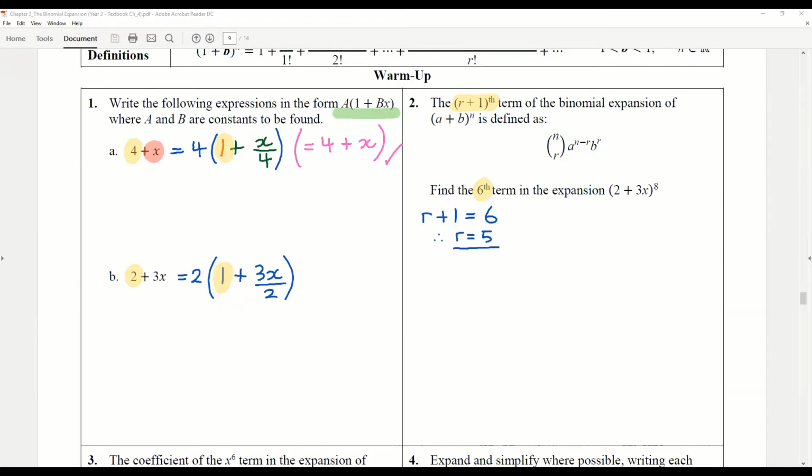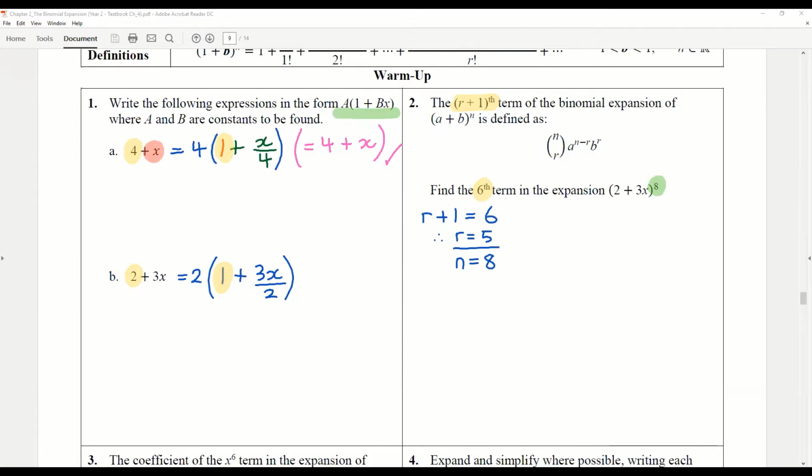Also, if we have a close look at the binomial that's about to be expanded, we have a power 8 there. So that tells me that my n is going to be 8. So make a note of that. So I have everything I need, don't I?